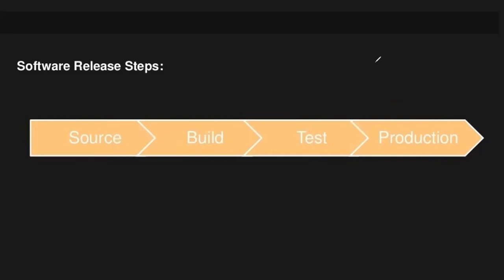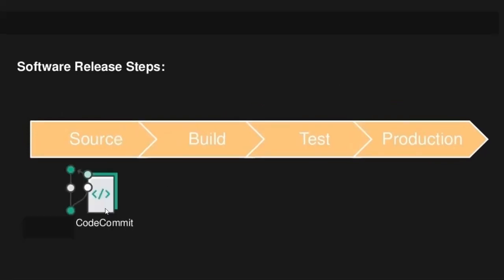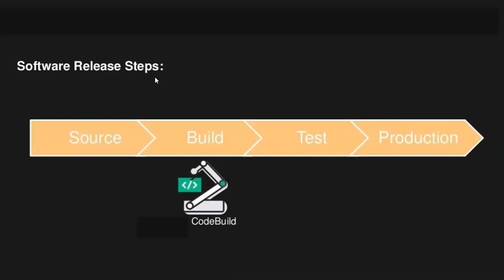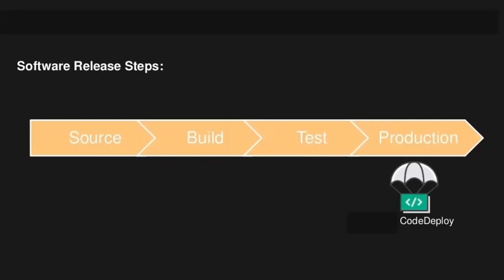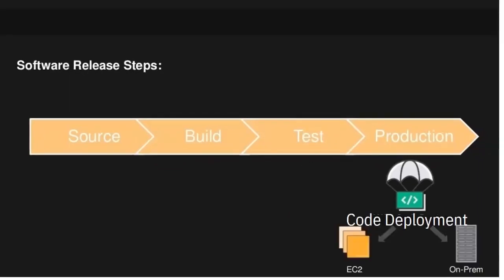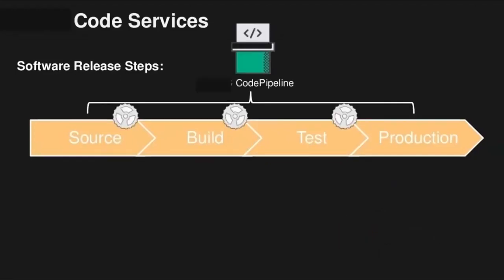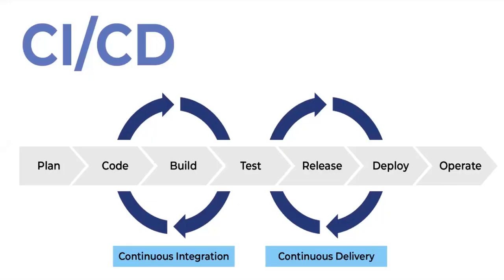So I need a code commit, then the build starts, then the test starts, and then the production deployment also starts. You need to mention all these in the pipeline. We will create a manual pipeline and an automatic pipeline in our further hands-on classes.